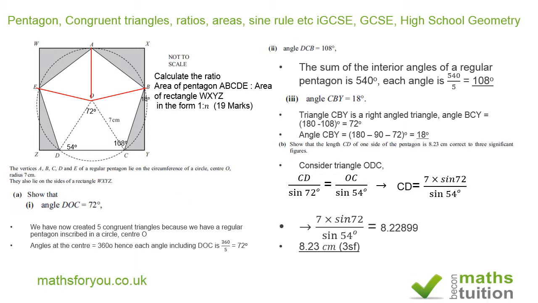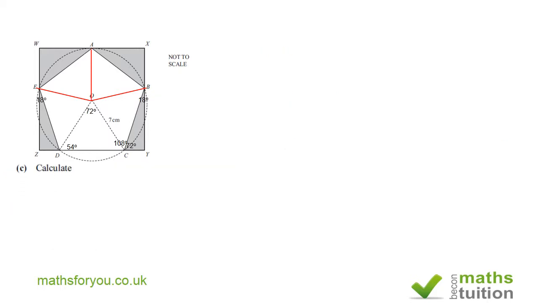Now, carrying on with this slide, we're supposed to calculate the area of triangle ODC. If you can calculate the area of triangle ODC, then you can calculate the area of the whole pentagon, because these five isosceles triangles are congruent.